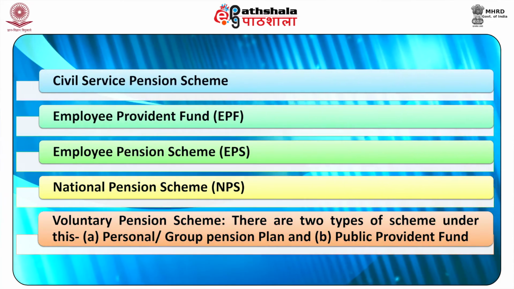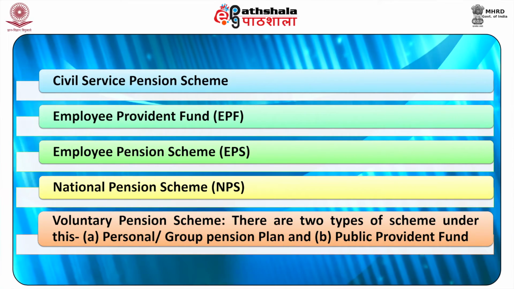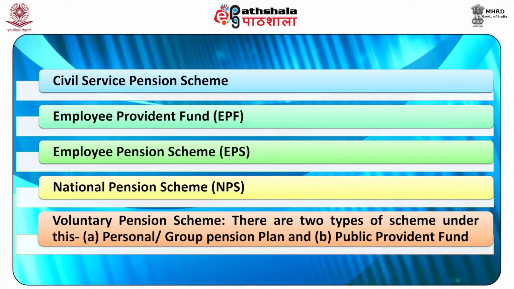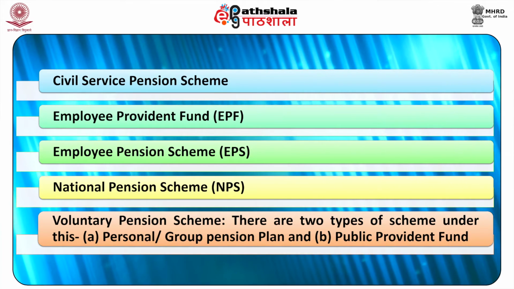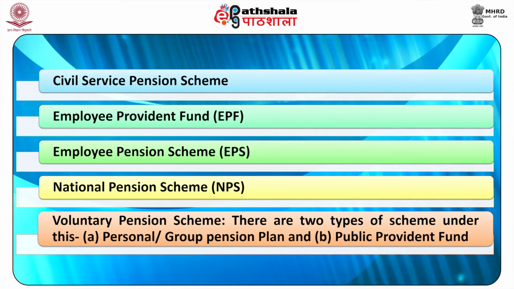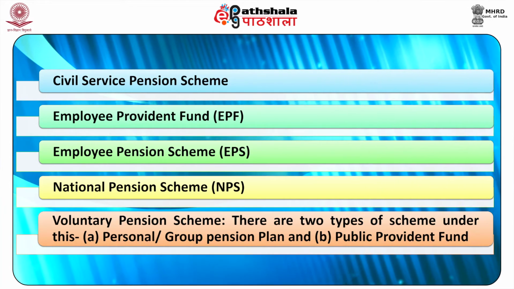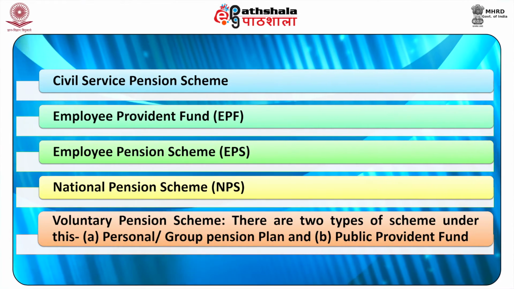Civil Service Pension Scheme, 2. Employee Provident Fund, EPF, 3. Employee Pension Scheme, EPS, 4. National Pension Scheme, NPS, 5. Voluntary Pension Scheme. There are two types of scheme under this: A. Personal/group pension plan, and B. Public Provident Fund.